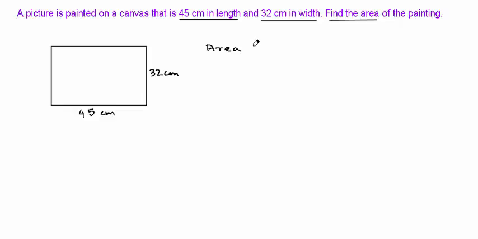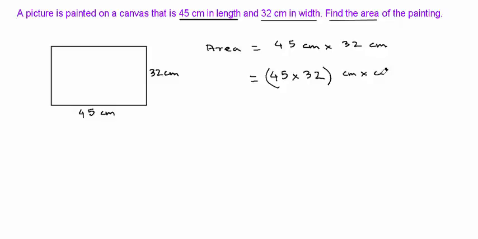So area is equal to 45 centimeters times 32 centimeters. Let's not forget the units. You multiply the numbers together, 45 times 32, and also multiply the units together. That's centimeters times centimeters, which is equal to 1440 centimeters times centimeters, which is centimeters square, or square centimeters. That's the area of the painting.